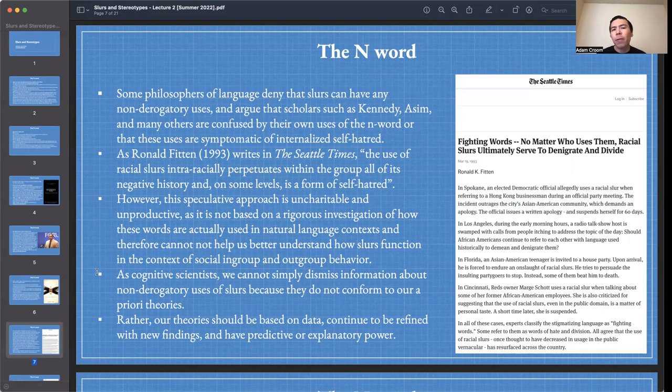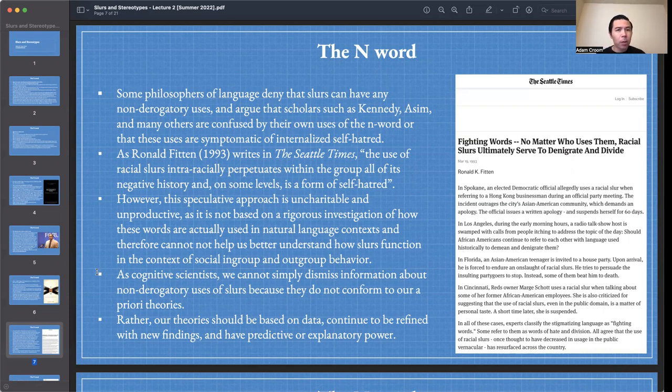For example, Ronald Fitton in the Seattle Times writes the following, quote, "The use of racial slurs intraracially perpetuates within the group all of its negative history and on some levels is a form of self-hatred."